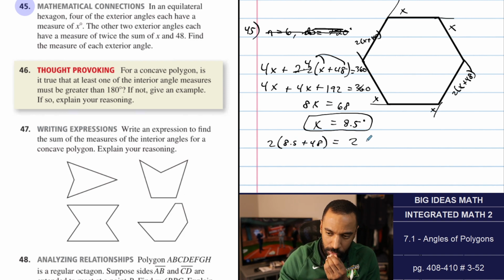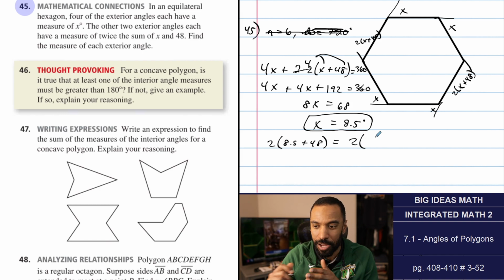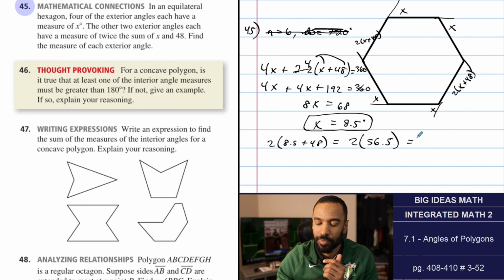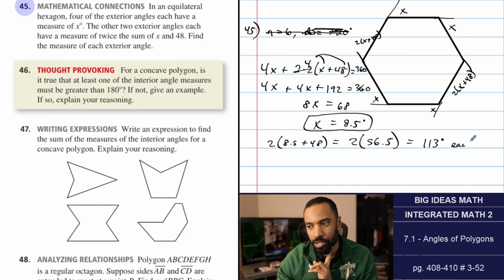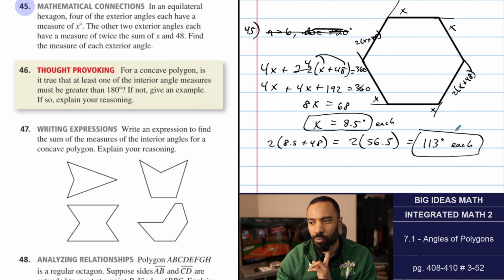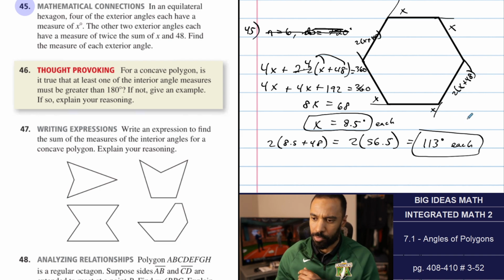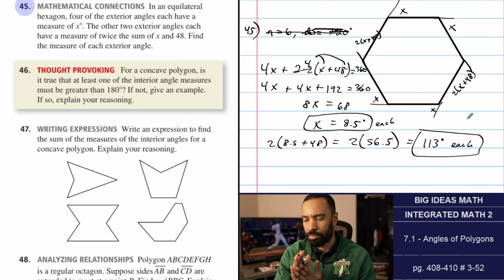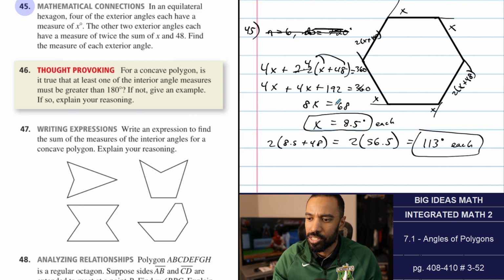Equals 2 times 56.5, which is 113 each. So each for that, each for that. So let's see if that works, because that actually doesn't sound like that works at all. I might have messed something up somewhere. I'm gonna go back and do some of this math. My bad. Oh, it's not 68, it's 168. Shoot.